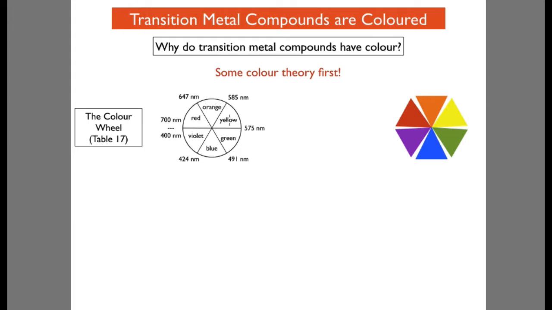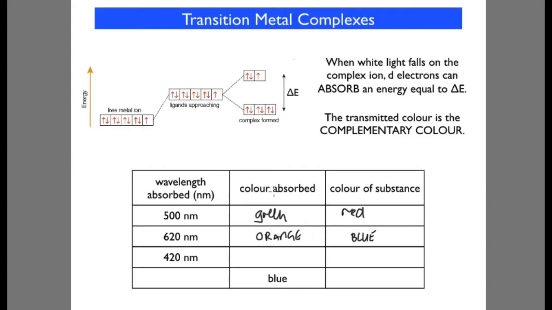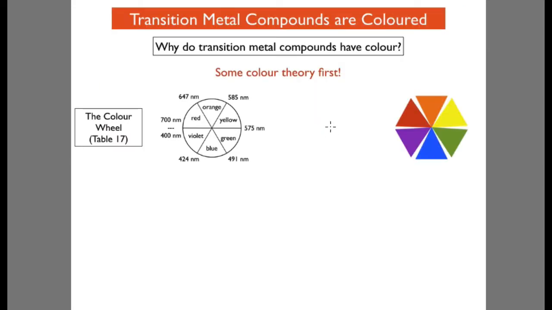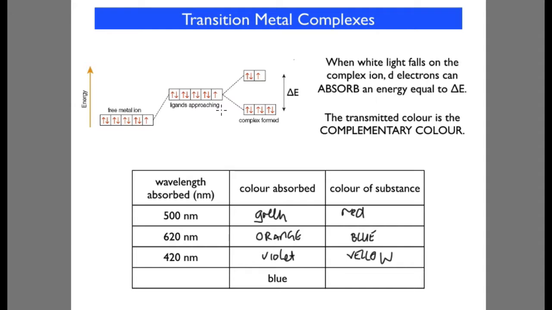So it's absorbing violet and it's transmitting yellow. And this last one, we're given the colour. We know that it absorbs blue. So absorbing blue is going to be somewhere between 424 and 491. Let's just say 450, shall we? And then obviously it's going to transmit orange. There we go.